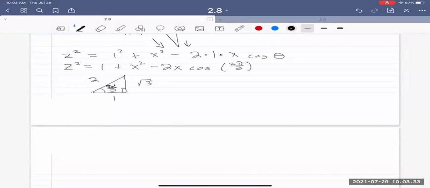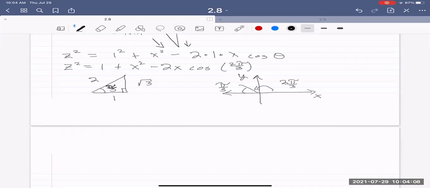Okay, so if I put this in my standard position, this is 2 pi over 3, and this angle is pi over 3.